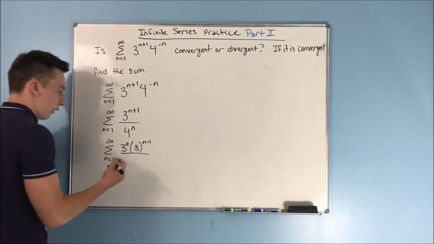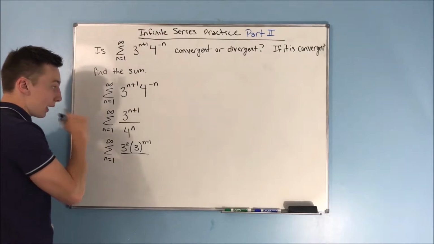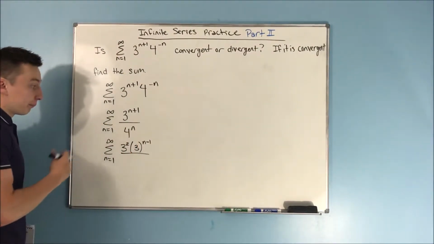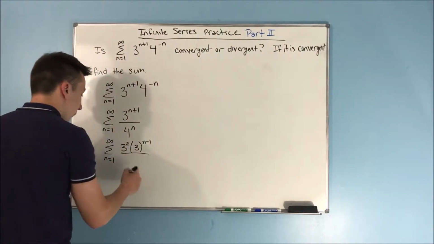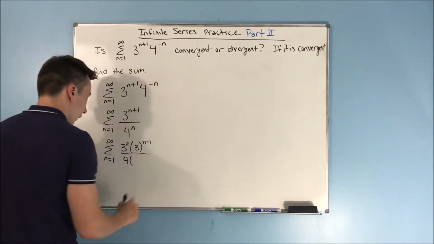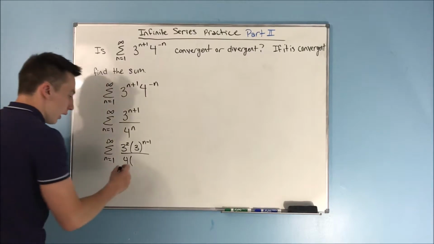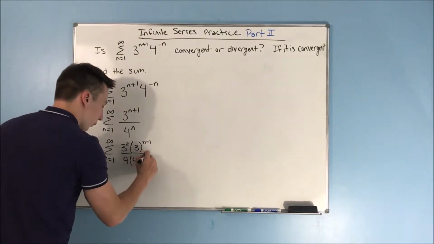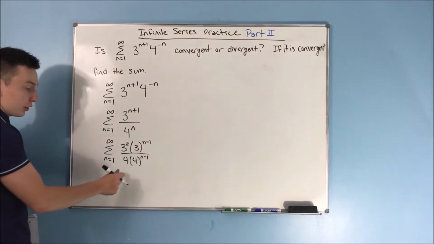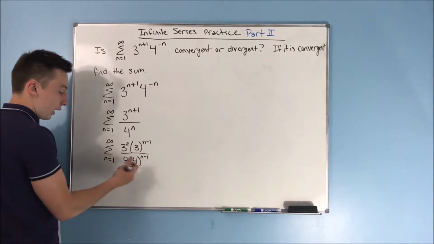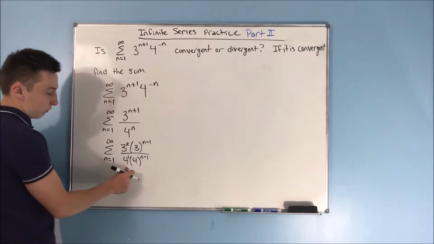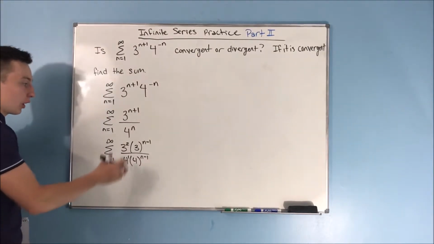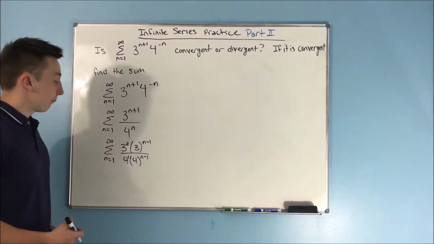We need to get an n minus 1 out of this 4 to the n, and how we do that is just by pulling out a 4, that's 4 to the first power, and on the inside we have a 4 to the n minus 1. If we were to multiply this through, when we multiply these we add the exponents, and we get our n back.